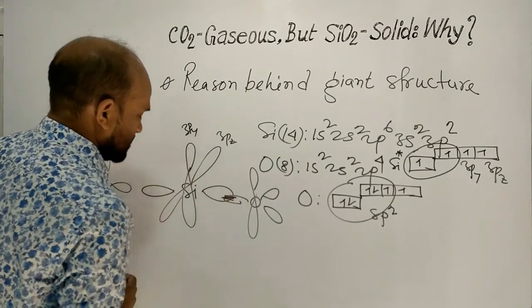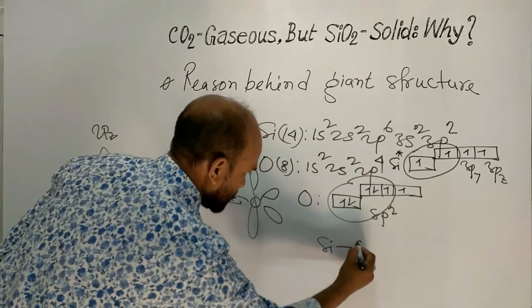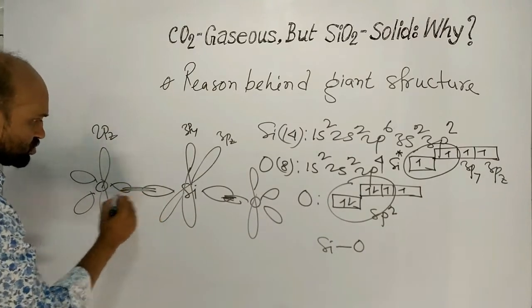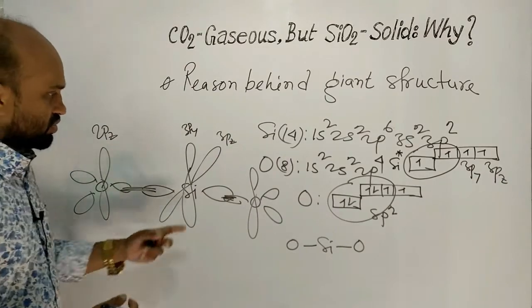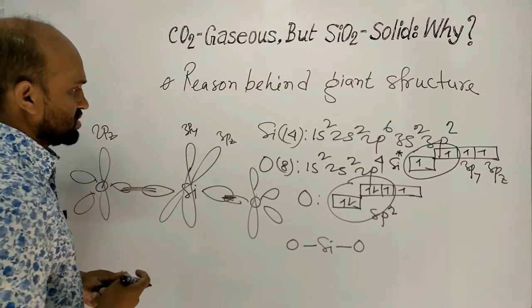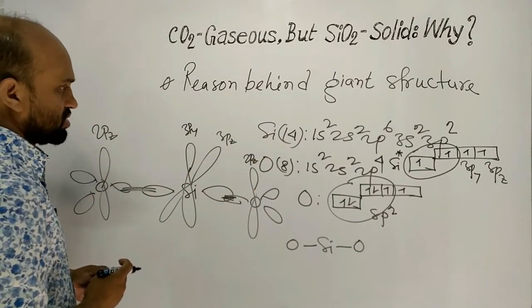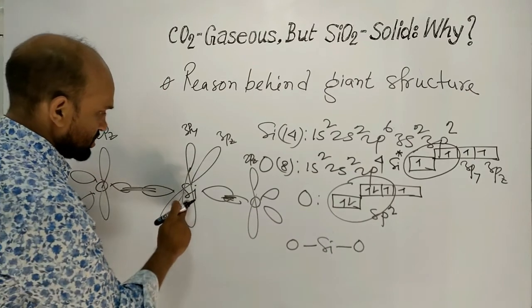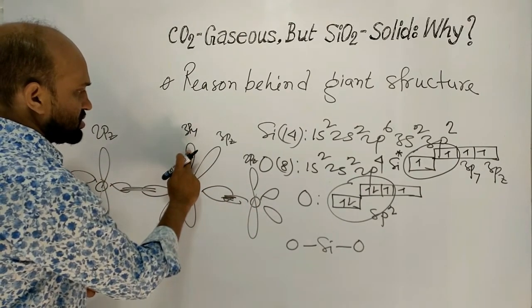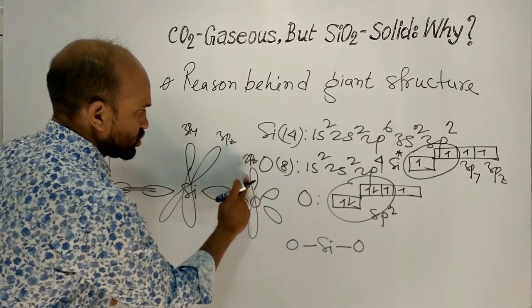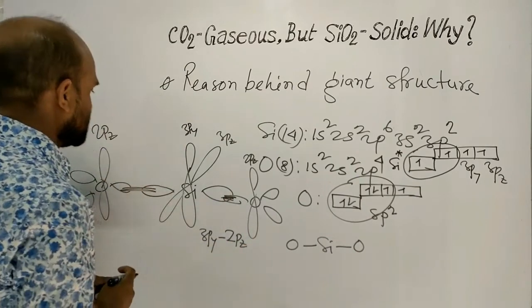Here head-to-head overlap happens, so the silicon-oxygen sigma bond is formed. But to form a pi bond between silicon and oxygen, the 3py orbital needs to overlap with the 2pz orbital of oxygen.